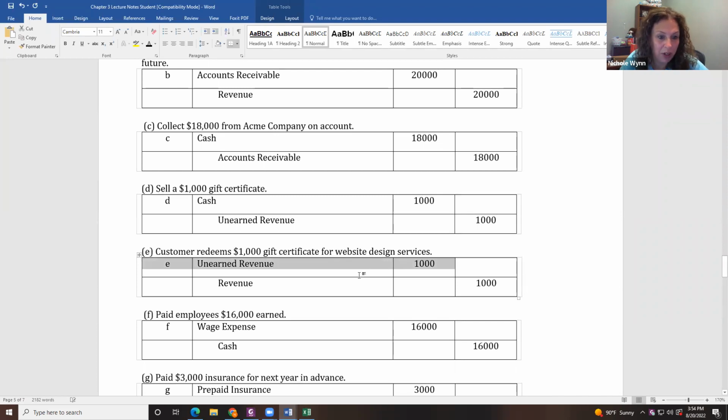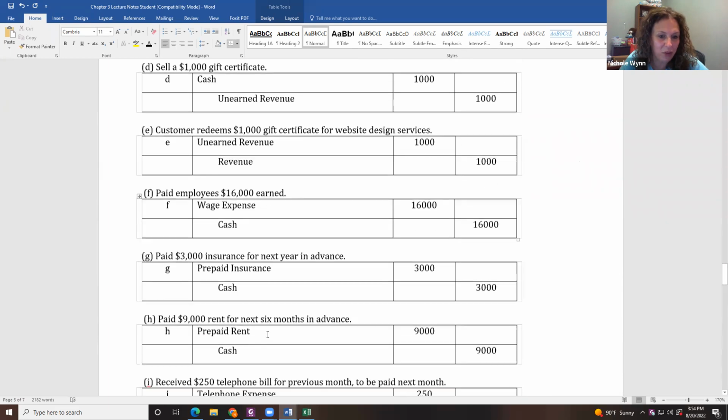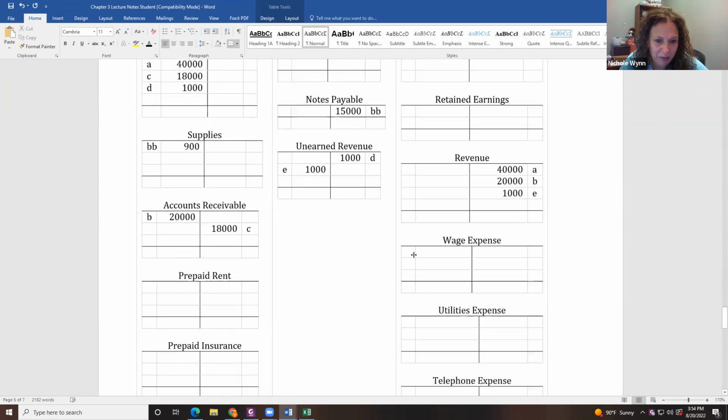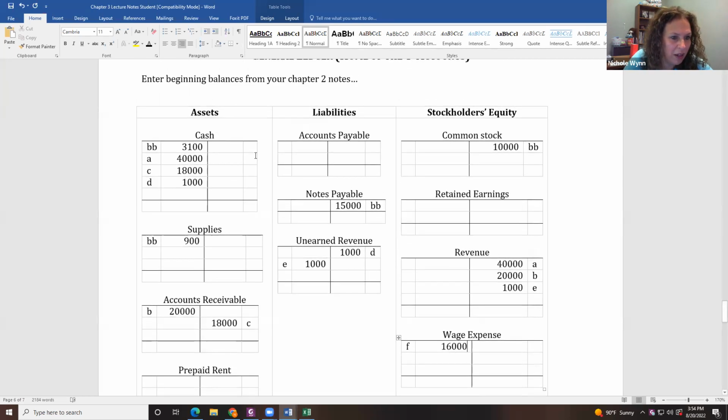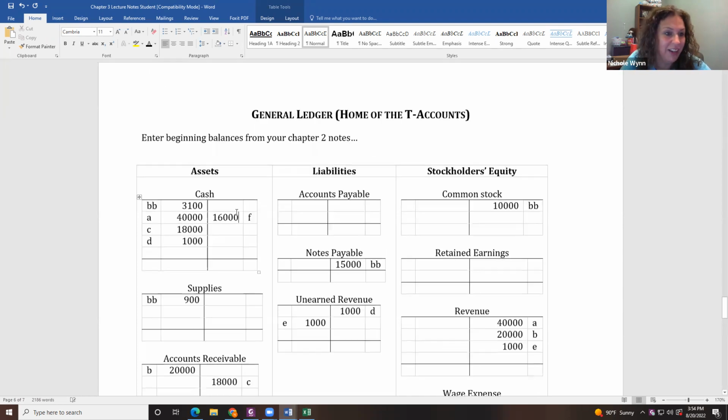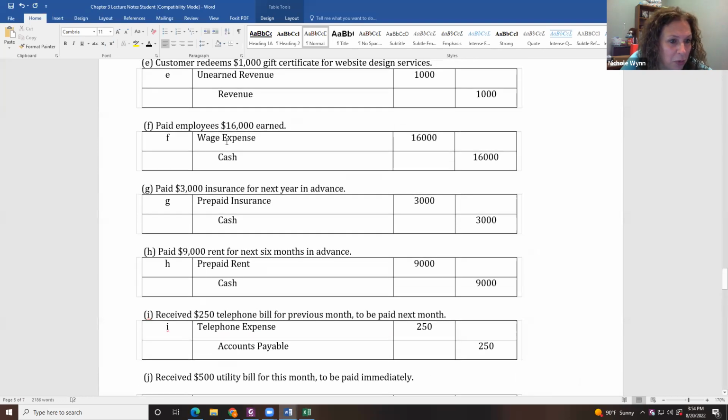Debit unearned revenue, put a number on the left side. Credit revenue, put a number on the right side. Letter F is wage expense for 16. And I'm going to put it over here. Again, it doesn't matter what row, okay? You can put it at the top, you can put it in the middle, you can put it at the bottom, as long as you get it on the correct side. So letter F was wage expense and cash.